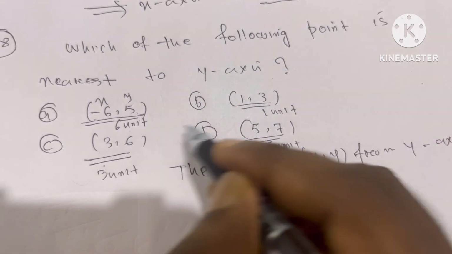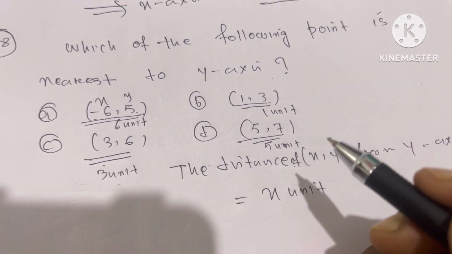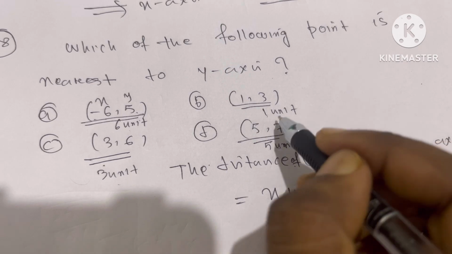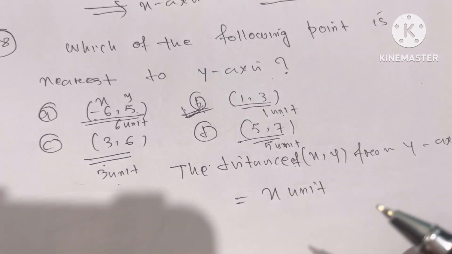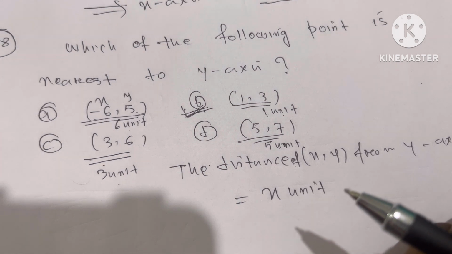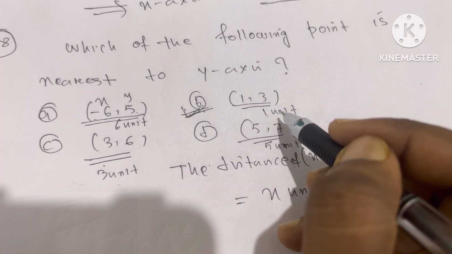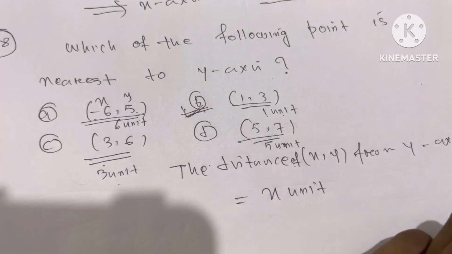Out of 6, 1, 3 and 5, which is smallest? 1. So option B is correct, because this is nearest to y-axis. The distance of this point is 1 unit from y-axis.